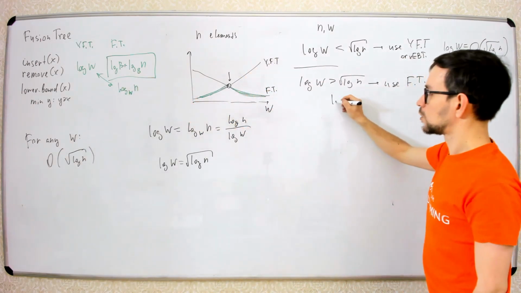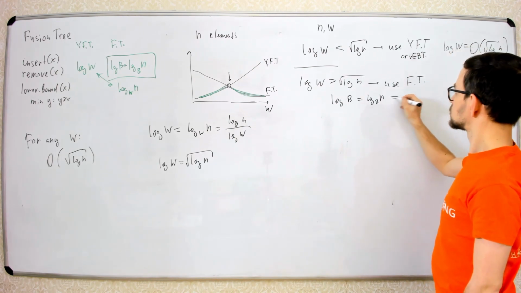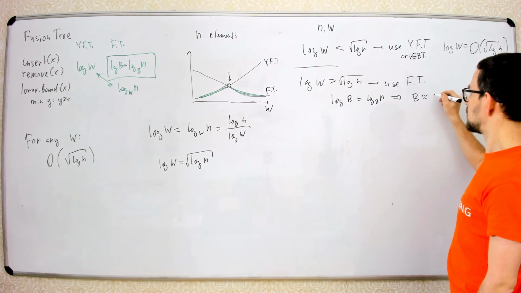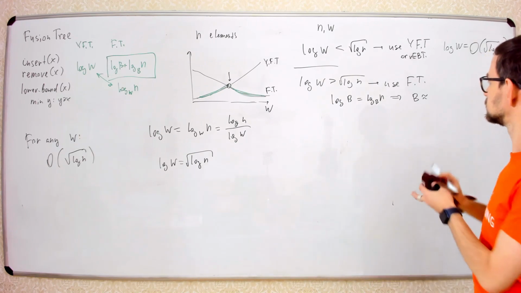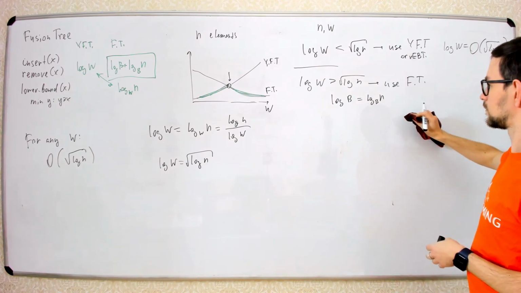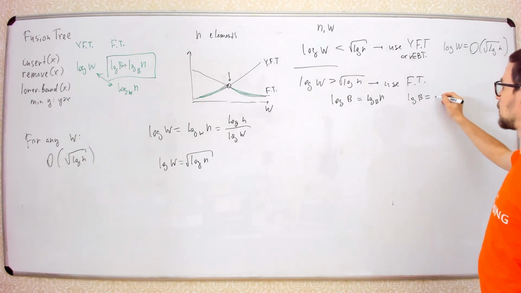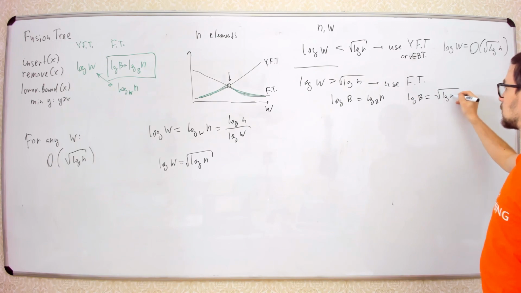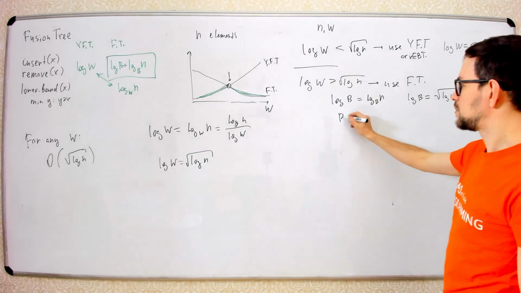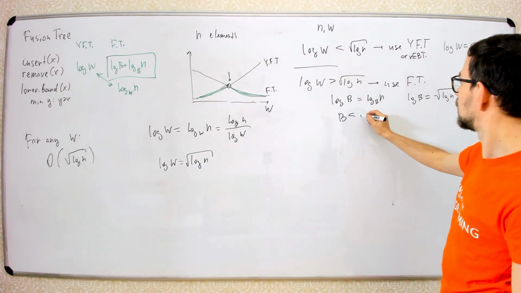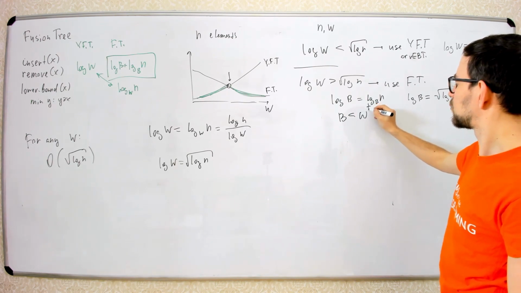So I want to have log B equal to log_B n. So B must be about, again, the same. So log B must be square root of log n. But I also need B to be less than W to the power 1/5, like this, right?